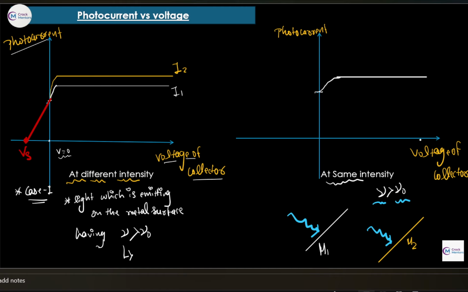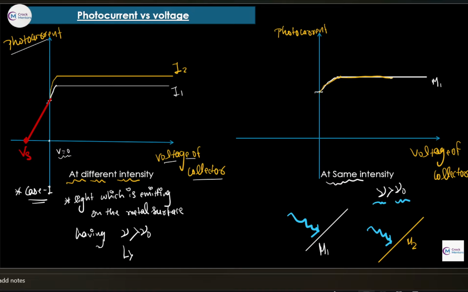This is for metal one, which I'm talking about. We have two different surfaces, but the light is the same, and we are plotting a graph of these two metal surfaces when the light is the same. I'm going to make it yellow for now for the yellow metal surface.